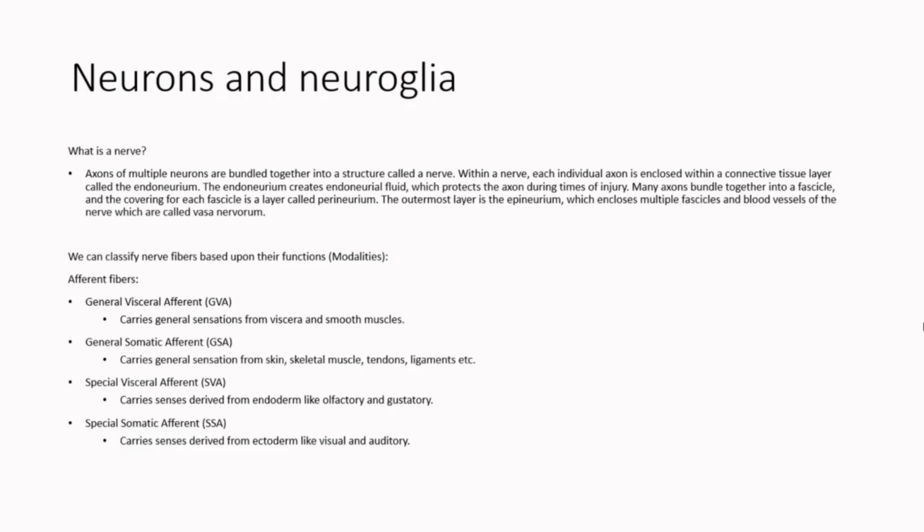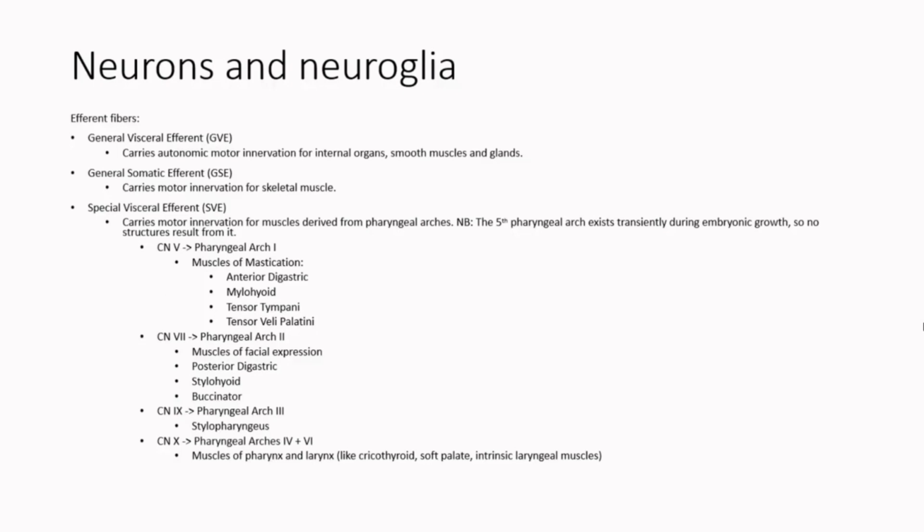Then we have the general somatic afferent, which carries general sensations from skin, skeletal muscles, tendons, etc. Then we have the special visceral afferent, which carries senses derived from the endoderm, like the olfactory and the gustatory. And then we have the special somatic afferent, which carries senses derived from the ectoderm, like visual and auditory.